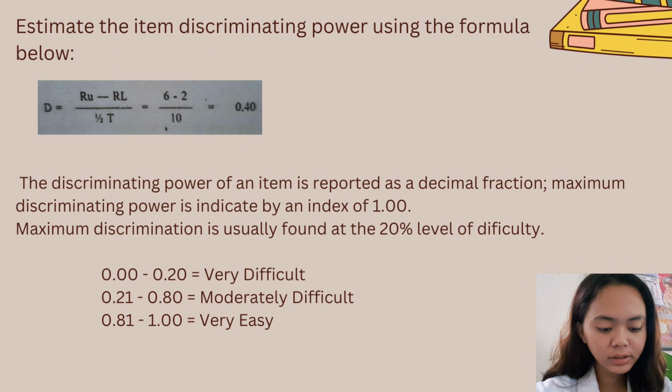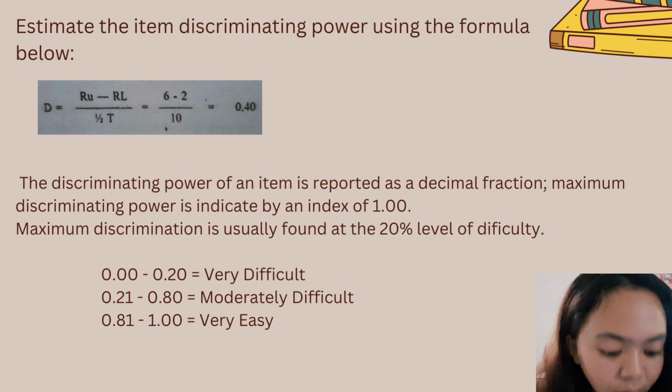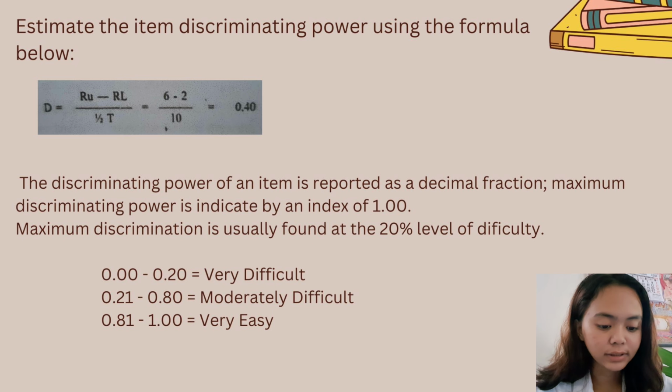This is to estimate the item discriminating power using the formula below. So ito na yung tamang computation, and mali naman yung inilagay kaninang formula na kinuha ko lang din sa book. I think nagkaroon lang ng error kasi ang ginamit na formula is index of item discriminating power, which is subtraction pala siya and not addition.